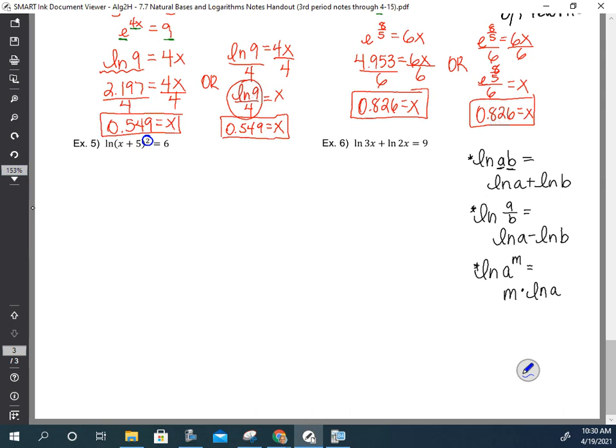Since you have an exponent sitting in the problem, we're going to kick it to the front. So 2 times natural log of (x plus 5) equals 6.